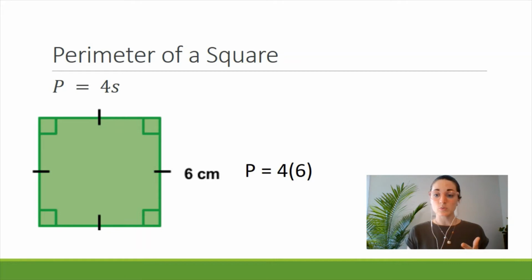So we could do P equals 4 times 6. The perimeter is 4, the number of sides, times the length of the one side, 6. So to solve, we could do 4 times 6 or 6 plus 6 plus 6 plus 6, and we get the same answer. Those are 2 ways of getting to the perimeter of a square. And the final answer is 24 centimeters.